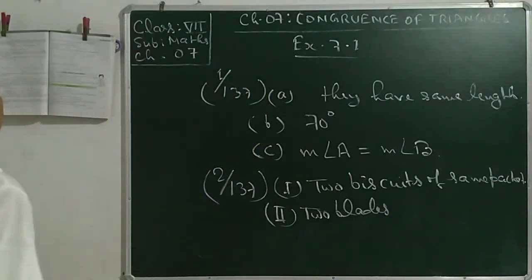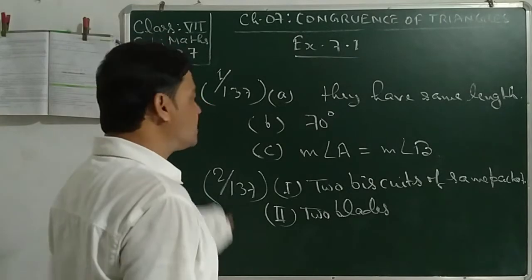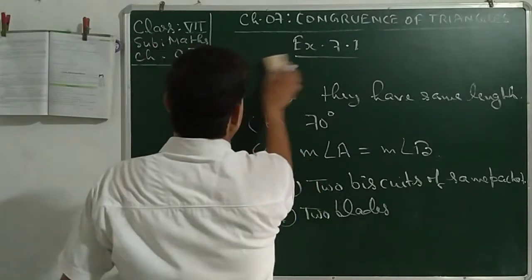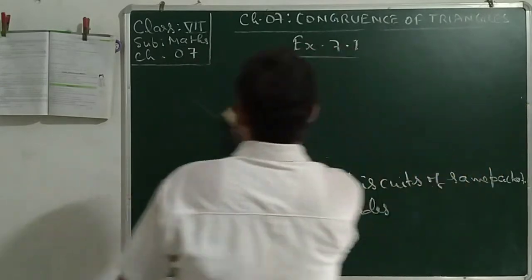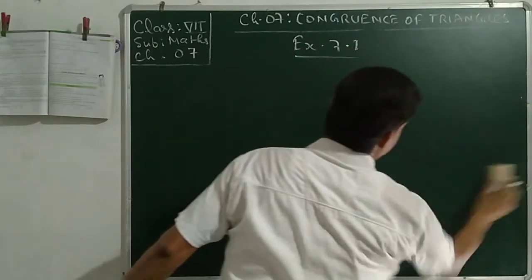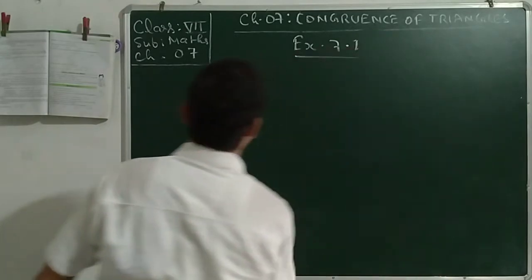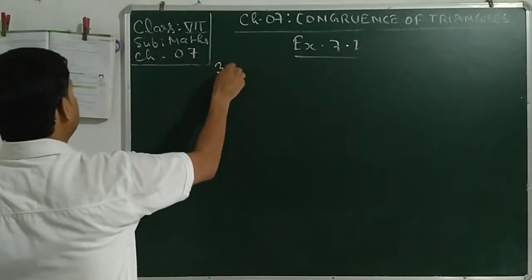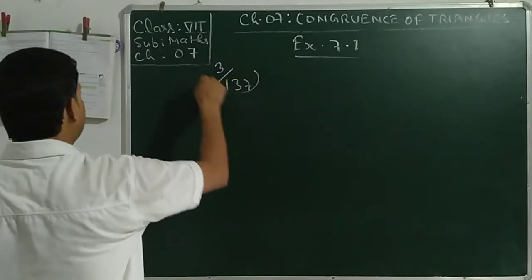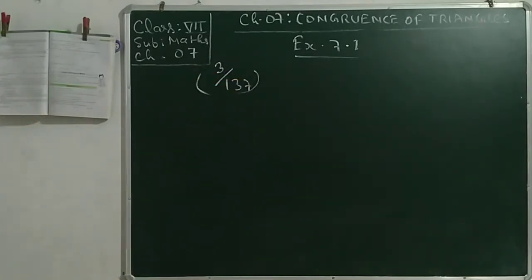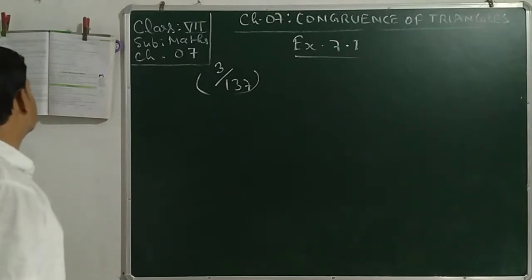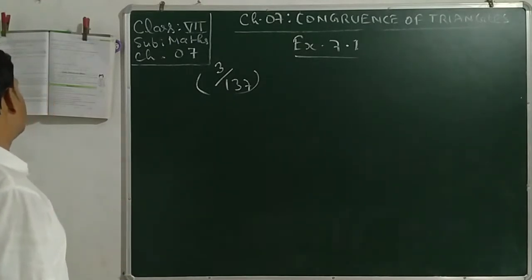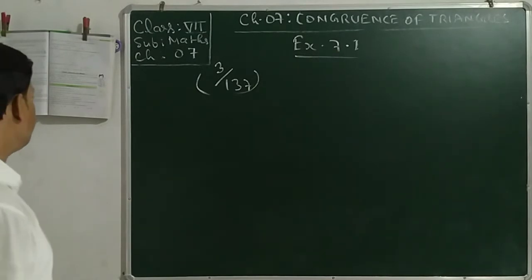congruent. Now after the two number, come to the third sum. Let me rub the board. In the third sum, that is also on page number 137, in triangle ABC and triangle FED.